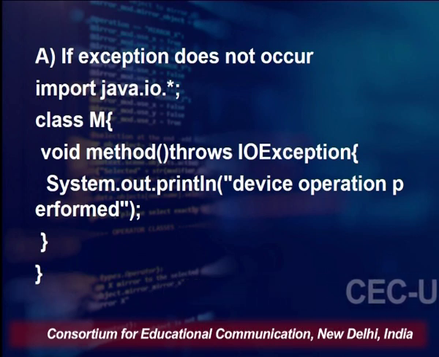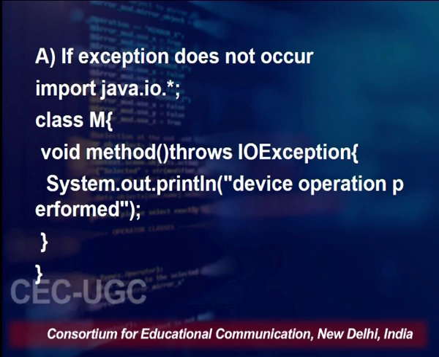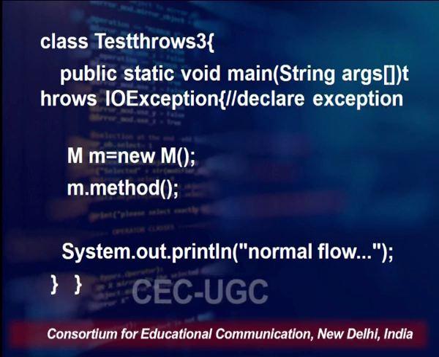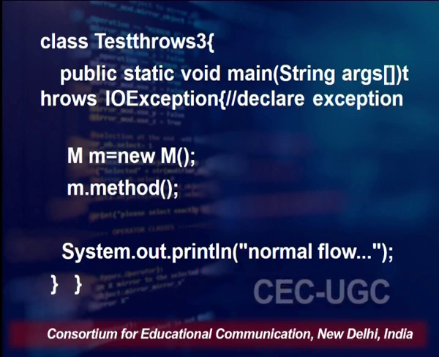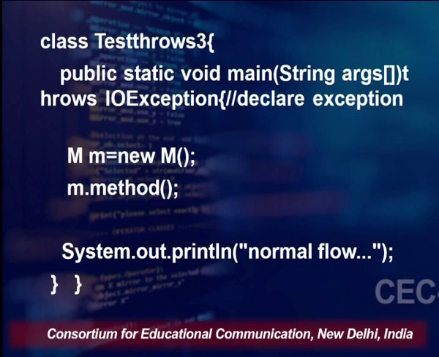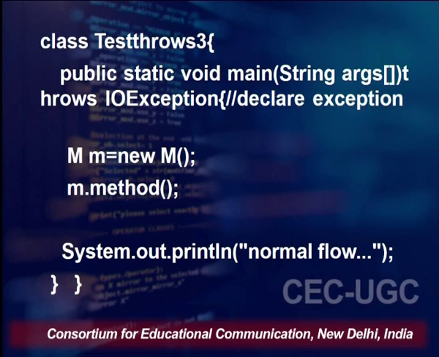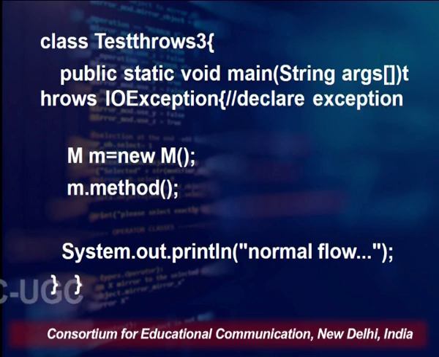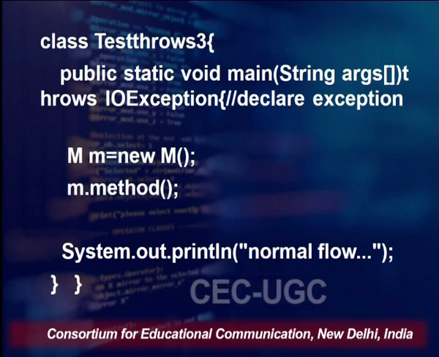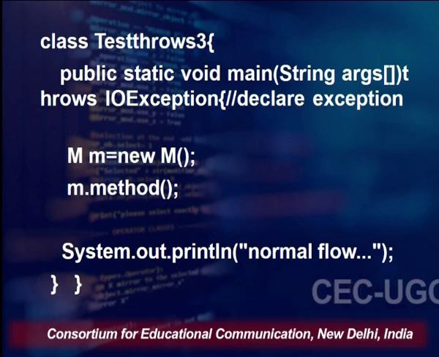Again this method, in the similar manner as in the previous program, is called inside the main method, but here the try catch mechanism is not available. We have used public static void main along with throws IO exception, that means we are declaring the exception, we are not handling it here.